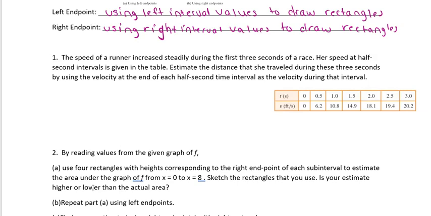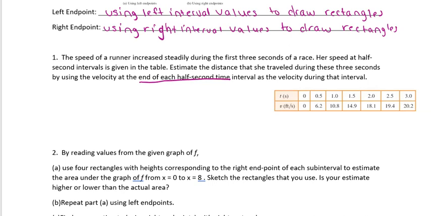So remember, if we're trying to figure out a distance, well, distance is rate times time. So if distance is rate times time, then distance would be the velocity times the time of that velocity. So this is telling us to use the end of each half-second time interval.